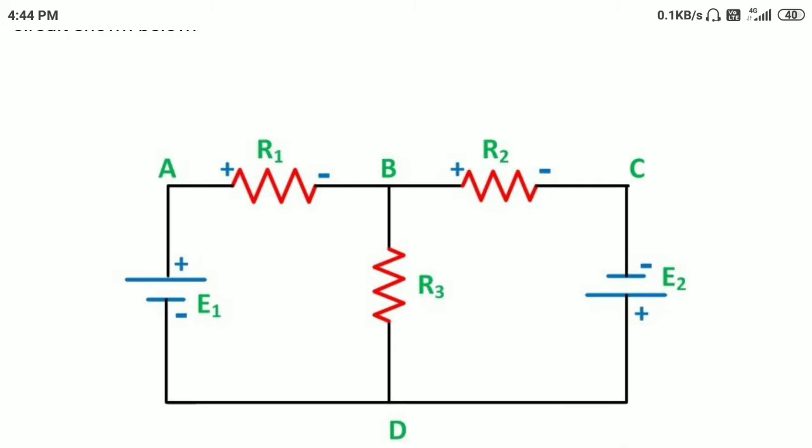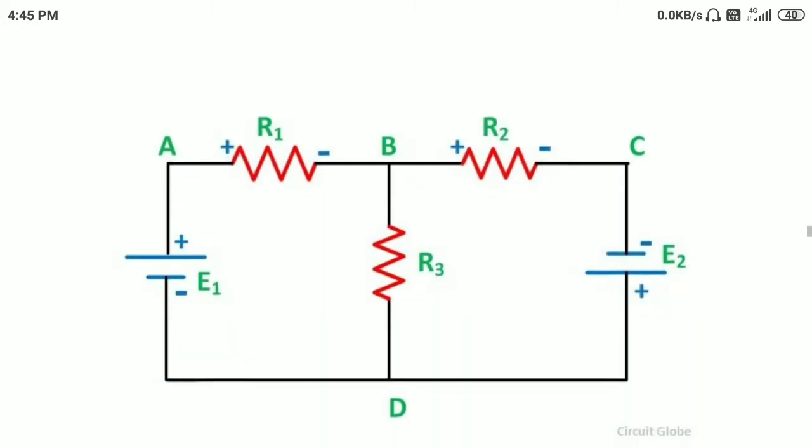Common point B is a node, and across B and C is the resistance R2, and the E1 supply's positive is connected across point A. E2 supply's negative is connected across C. Here R1, R2, R3 are the branches.